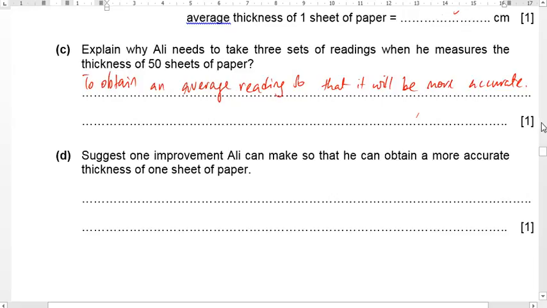You're done. Think about how you can improve it. How can we improve the experiment to get a more accurate thickness of one sheet of paper?